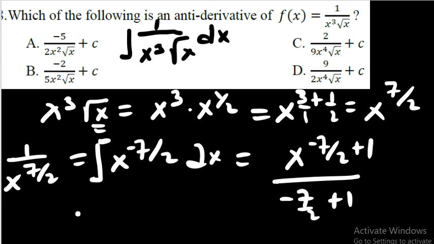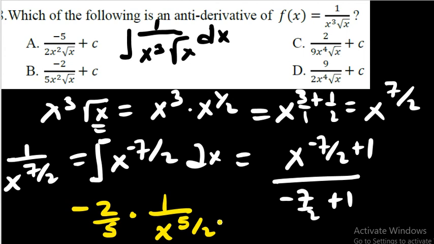When you flip it, it will be negative 2 over 5 times x to the power of negative 5 over 2, but the negative exponent means you need to bring it down, x to the power of 5 over 2, plus c. So which choice contains this one?